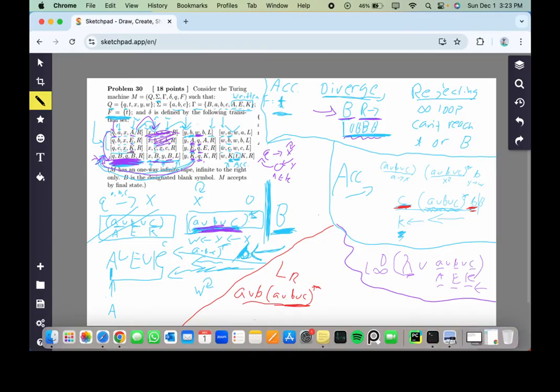Now, I have to take into account the other case, right? This is one case, if I start with a C, but I never end up having a B over here. Now, I'm going to be honest here.